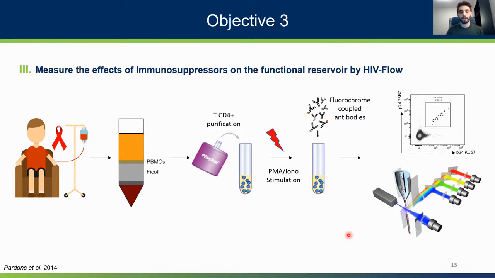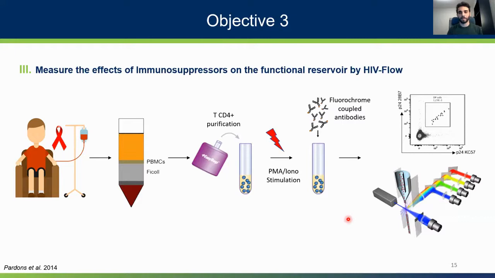So it's a flow cytometry derived technique developed by our lab, where from the cells of the participant, we do a CD4 T cell purification, we do a PMA ionomycin stimulation, and then as any flow cytometry technique, we would stain these cells for specific markers. But here what we do more specifically is we use 2 P24 specific antibodies to be able to target and identify precisely P24 expressing cells.